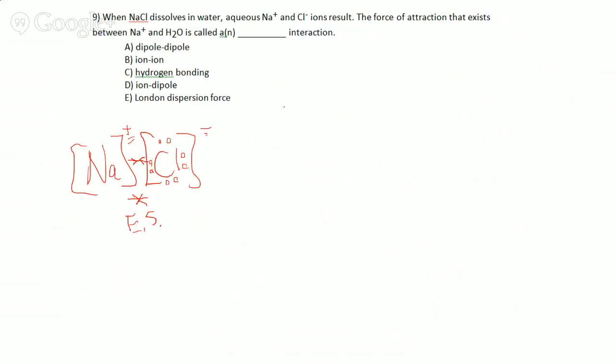Now, when water comes around, water is a polar molecule. So one end of it, the hydrogens, are going to be slightly positive, and that oxygen is going to be slightly negative. This is going to interact with the charges that are already there. The negative chlorine is going to interact with the positive hydrogens, and the negative oxygen is going to interact with the positive sodiums.